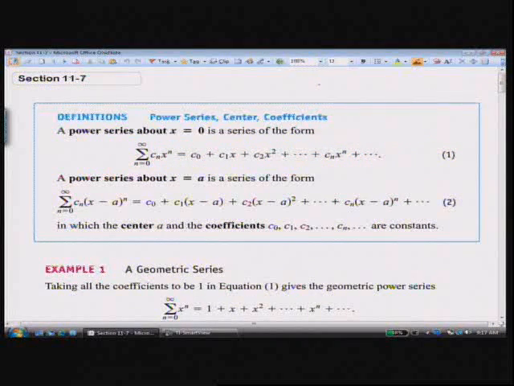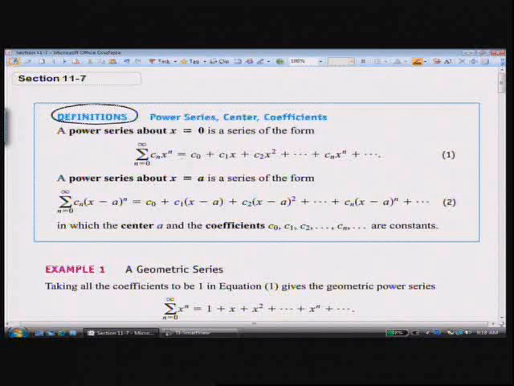Okay, so looking back now, these are the notes. It says a power series about, okay, so this is a definition. Just take it. We're going to define something called a power series. So those are our new words. A power series about x equals 0 is a series of the form the sum of c sub n x to the n, and it would be equal to c sub 0 plus c sub 1 times x plus c sub 2 times x squared, plus yada, yada, yada, c sub n x to the n.